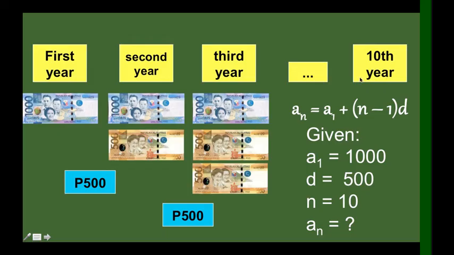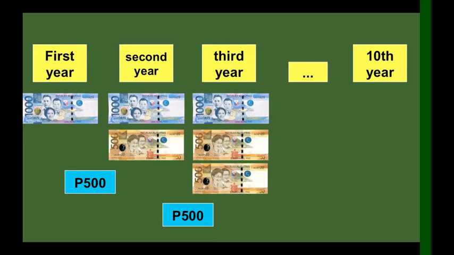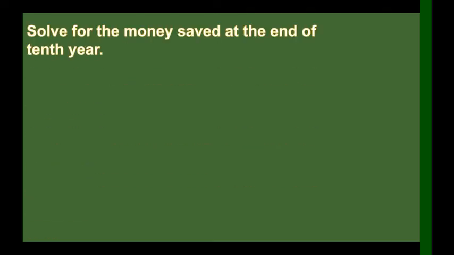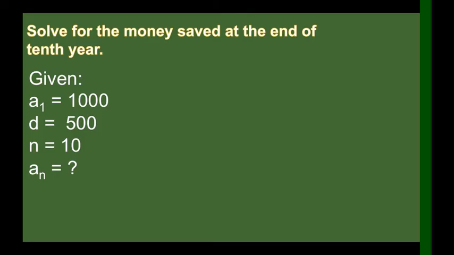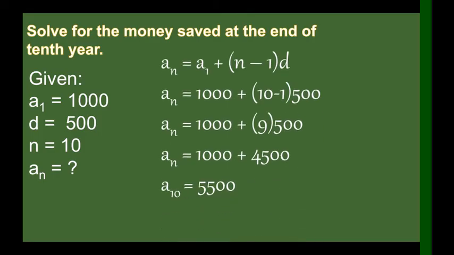And we're looking for a sub n, the money saved at the end of the 10th year. Here is the solution.